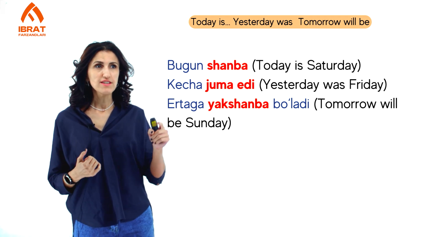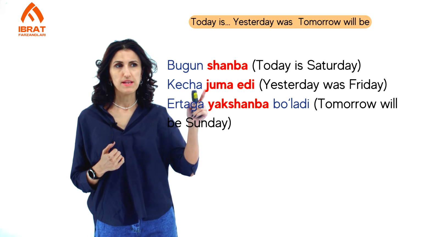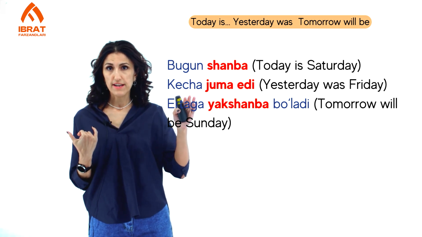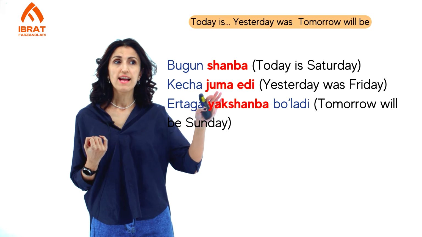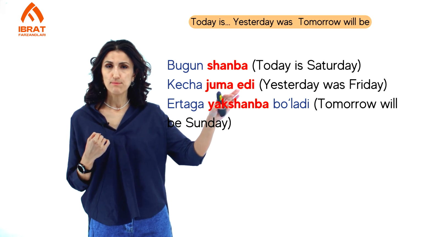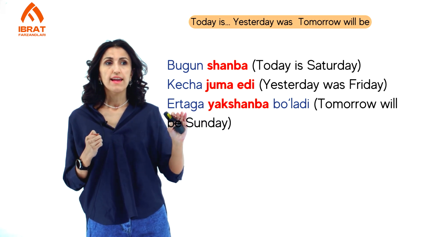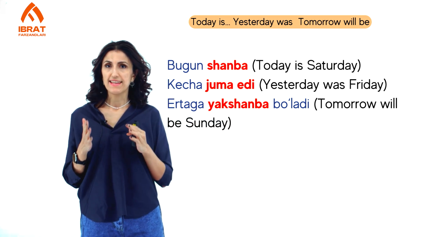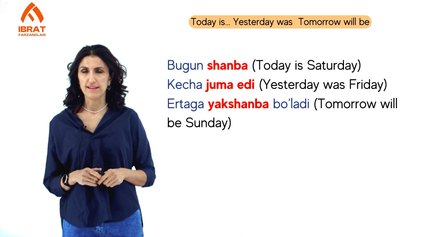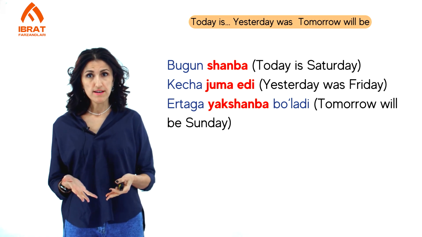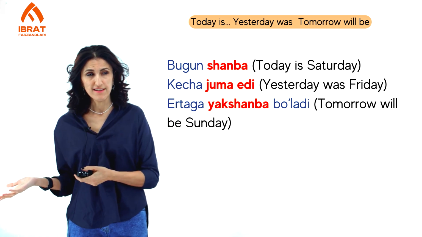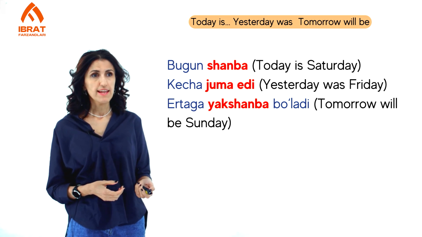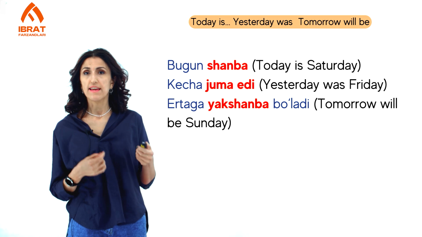Let's imagine bugun shanba, which means today is Saturday. Then yesterday was Friday, right? Kecha juma edi. Edi means was. Ertaga yakshanba bo'ladi. Bugun shanba, kecha juma edi, ertaga yakshanba bo'ladi. And you can use this every single day.